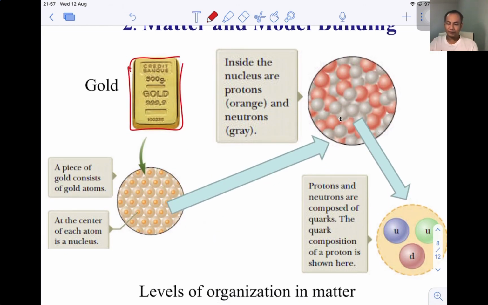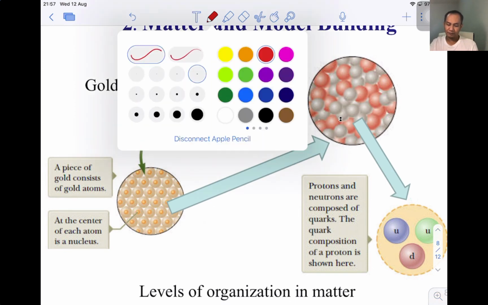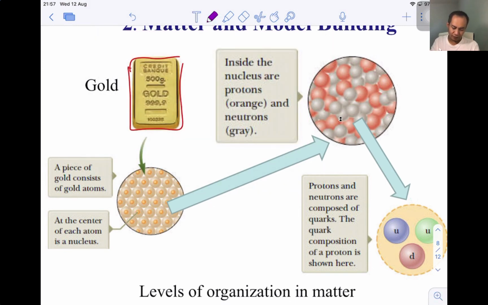It is composed of many gold atoms. In the periodic table, the symbol for gold is Au.